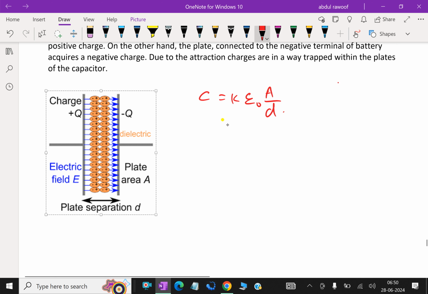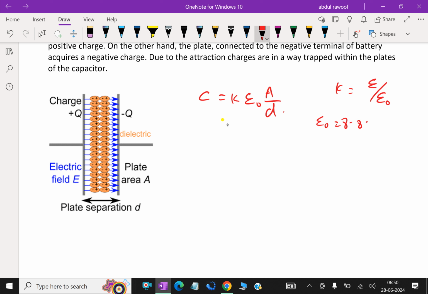Here K equals epsilon over epsilon 0, where the constant epsilon 0 is 8.85 times 10 raised to minus 12 C squared over newton meter squared, or farad per meter.